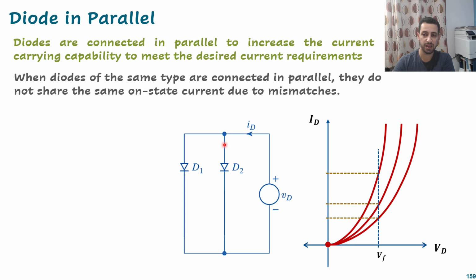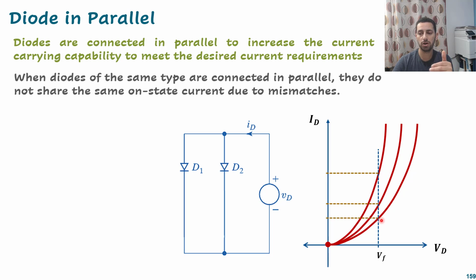So we have that diode and that diode. The voltage across the first diode is the same as across the second diode, but because of the mismatches, if we draw the practical curves for each of them, we might see the first one carrying that current and the second one carrying a different current, and we are assuming there is a third one as well here.